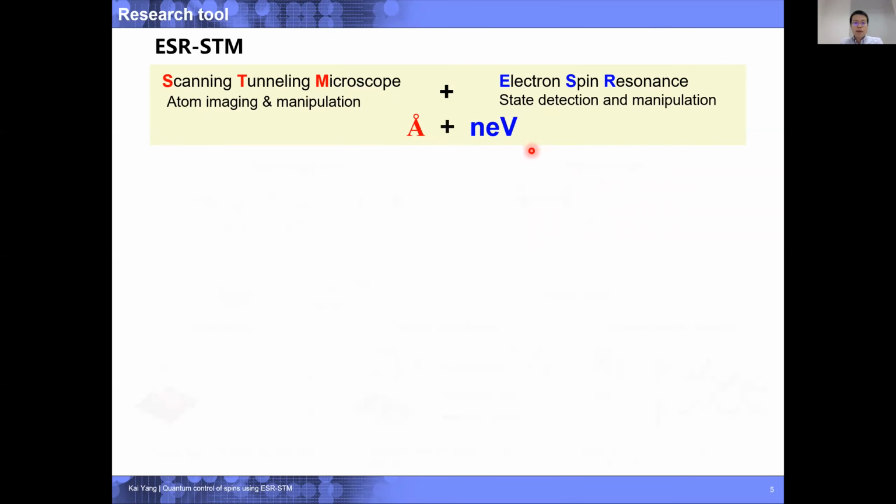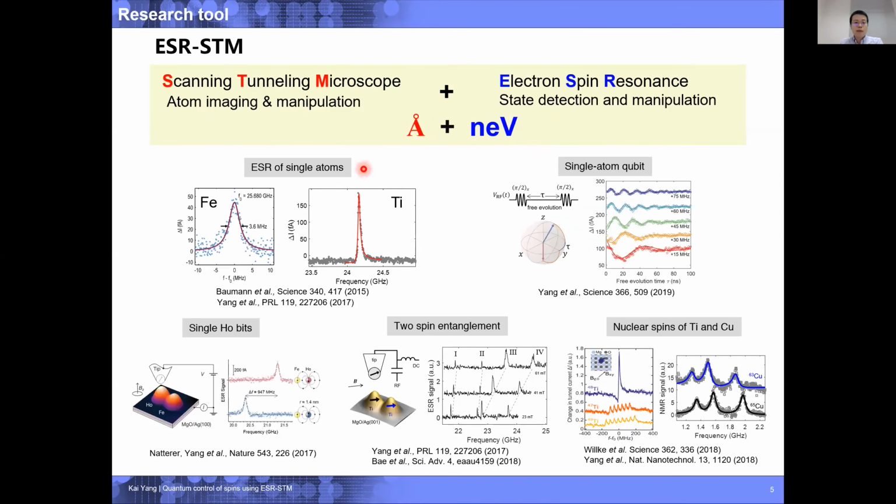So here is a history of the development of ESR STM at IBM Almaden. The single atom ESR was first measured on an iron atom on MgO in 2015. And later we showed that it also works on other magnetic atoms, such as titanium and copper.